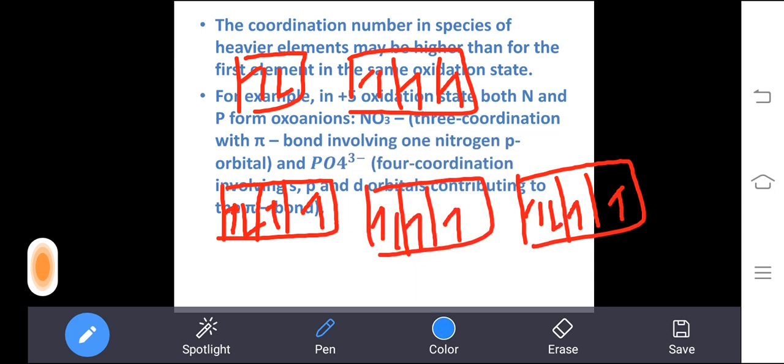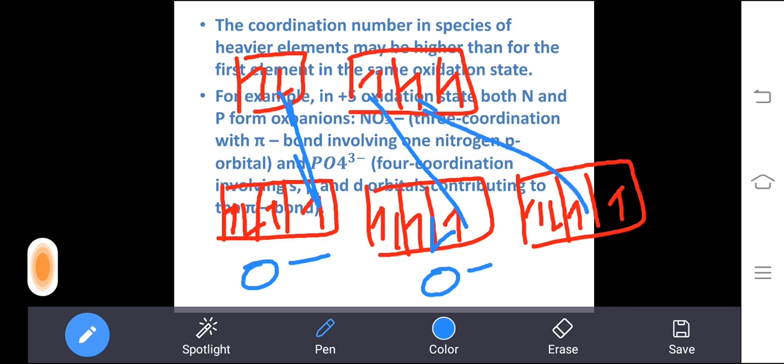As it wants to make a bond, here it will gain one electron and become O minus. When it becomes O minus, the sharing of an electron makes a bond, and here also one electron is shared and makes a bond, and here also it will share one electron and make a bond.